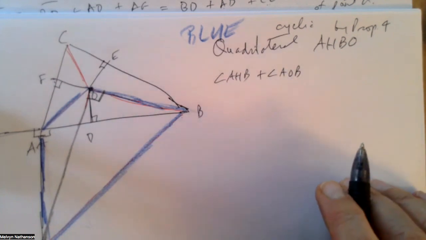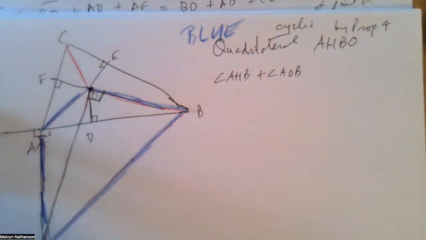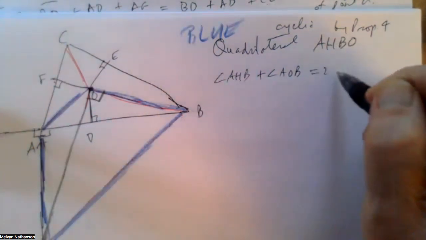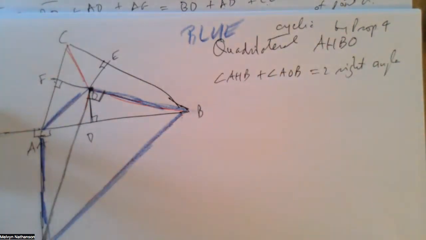In a cyclic quadrilateral, the opposite angles add up to two right angles. Angle AHB and angle AOB add up to two right angles because they're opposite angles in a cyclic quadrilateral. Now, AHB is this angle.